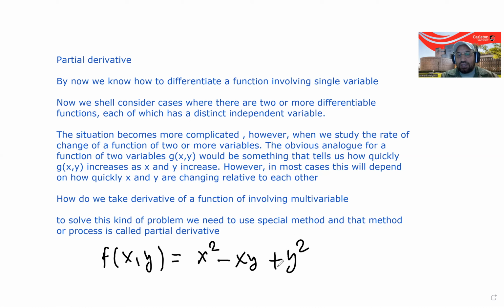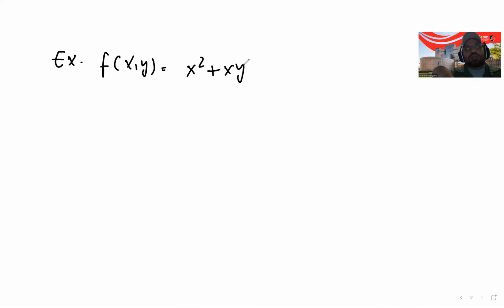To solve this kind of problem, we need to use a special method, and that process is called partial derivative. I'm going to have an example for you, and we're going to work this example together. We have f of x and y equal to x squared plus xy plus y squared.